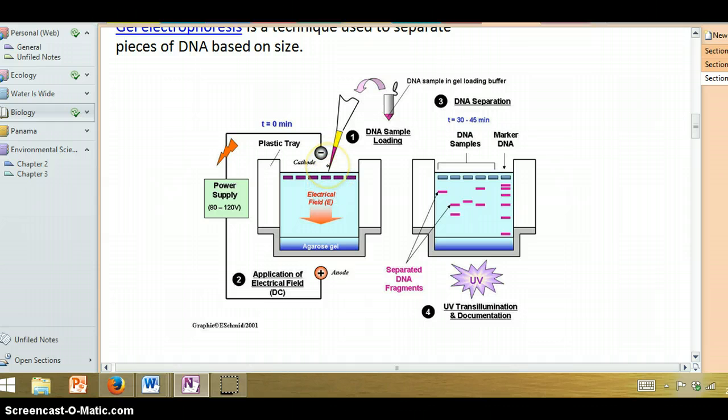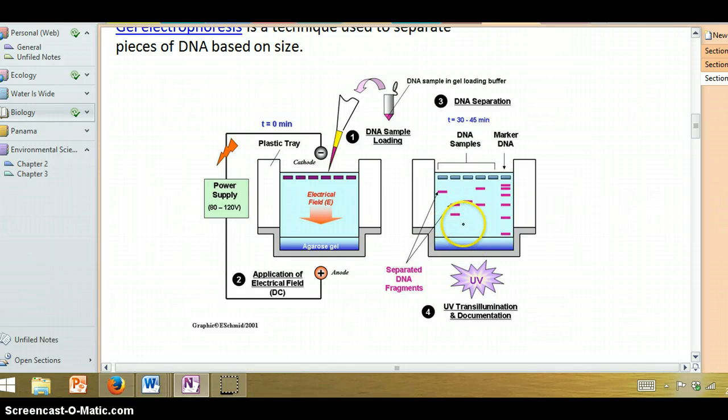And you run a current through the gel, and you load your DNA up at the negative end, or what's called the cathode, and the DNA will run to the positive end because DNA is a negatively charged molecule, so it will go towards the positive electrode with the current. And so you load your DNA in the gel, you run it for 30 minutes, 40 minutes, 50 minutes, an hour, however long it takes, and the pieces of DNA move down the gel.